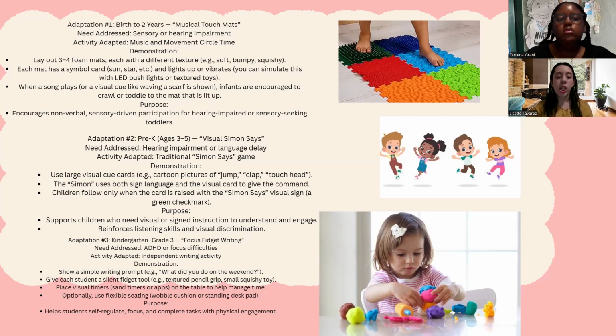Simon uses both sign language and the visual card to give the command. Children follow only when the card is raised with the Simon Says visual sign, a green check mark. Purpose: supports children who need visual or signed instruction to understand and engage, and reinforces listening skills and visual discrimination.